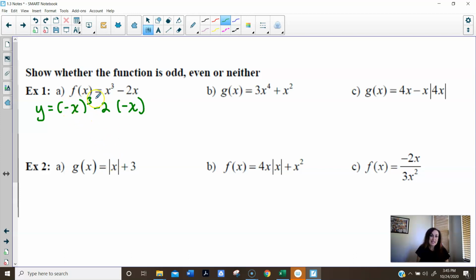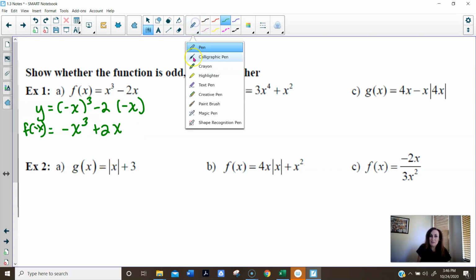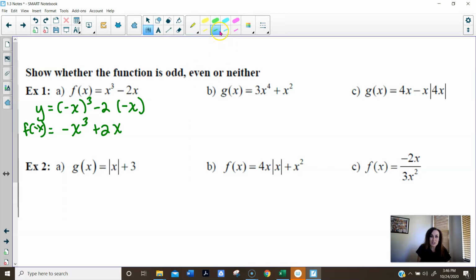When I take a negative and cube it, it's going to stay negative. And then a negative times a negative is a positive. So this gives me f of the opposite of x is equal to this. Let's compare it to the original function. The original function is x cubed subtract 2.